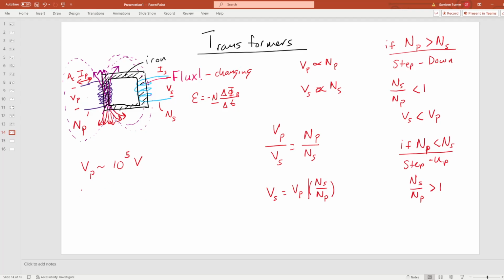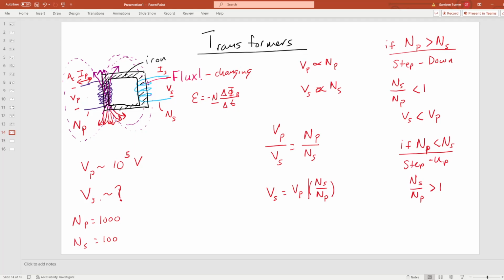And let's say it gets stepped down to a voltage that we don't know. But I know that my NP, let's say I have 1,000 turns in this first primary coil. And my NS, I have 100 turns.